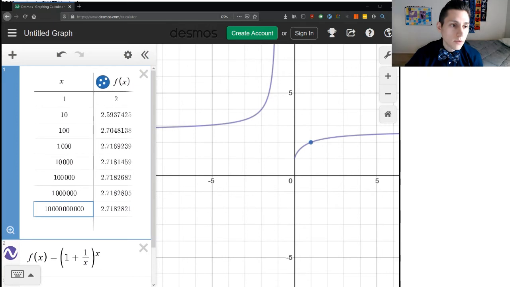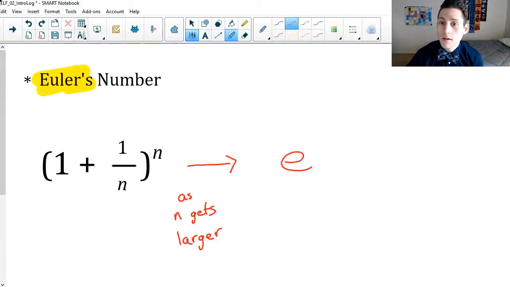Let me bring back my notebook. So that number becomes E. You should all have an E button on your calculator. Sometimes it might be the second or shift that's behind the LN button, which we'll also talk about in a little bit.